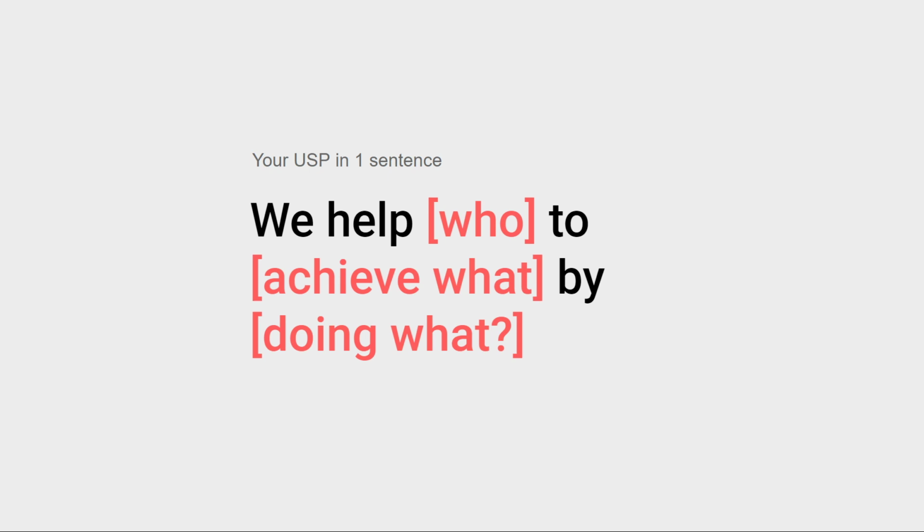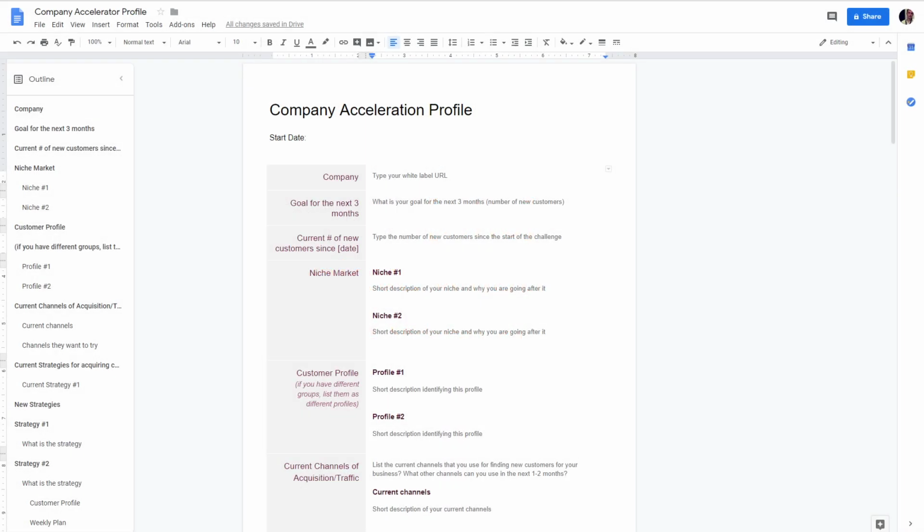So these are a few things that will help you identify, and we actually created this profile, this acceleration profile, that I think would be really good for you to keep track of your business in general. So you can copy this file, you can download it, and you can view it for yourself.